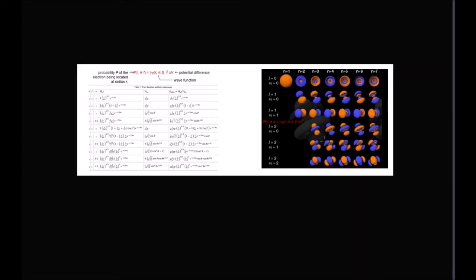These are all what the different orbitals look like, and this is why you see them in chemistry where they say the first one's a circle and the second one, the p orbital, kind of looks like that, and I forget what the rest of them look like, but that's where they're getting those kind of shapes from, is from Schrodinger's equation there.